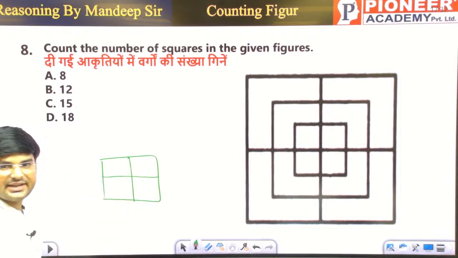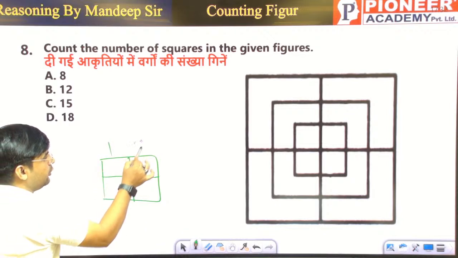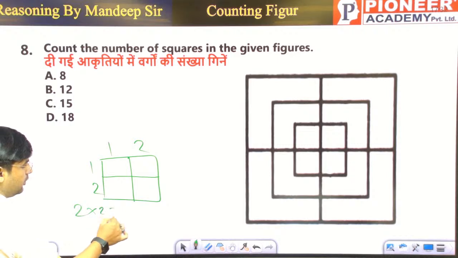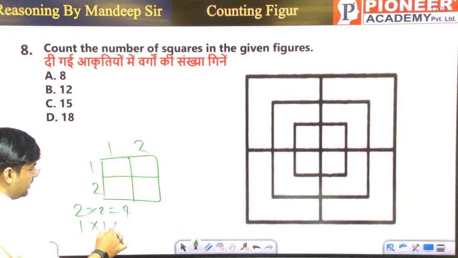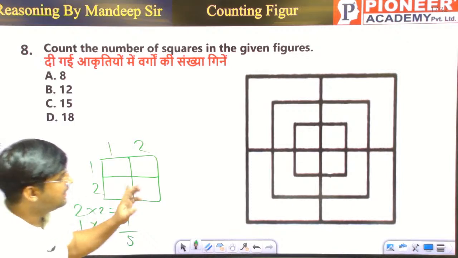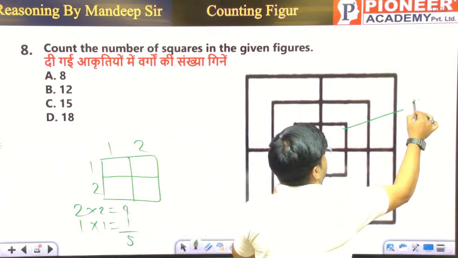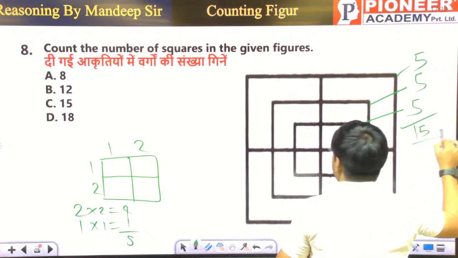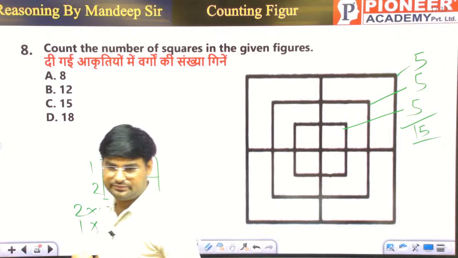How many rows in this figure? 2, and columns also 2. 2 into 2 and 1 into 1, 4, 5. If we see, there are 3 figures, 5, 5 and 5. There are 15 squares in this figure. Clear?